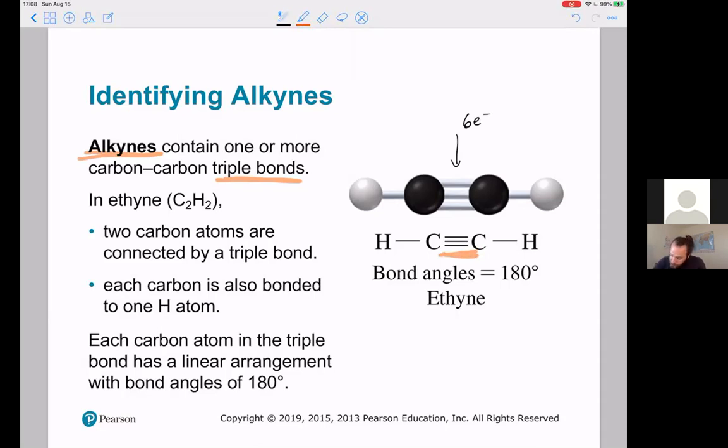They also have a different geometry than an alkene and an alkane. In alkynes, this carbon atom is considered to have a linear geometry. That means that the angle between these two is exactly 180 degrees. So they're arranged in a line.